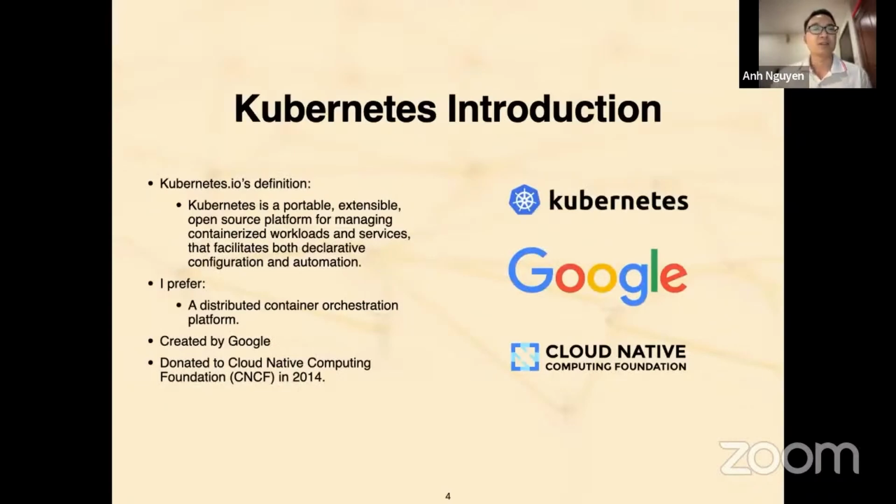For those who don't know, Kubernetes is a portable, extensible, open source platform for managing containerized workloads and services that facilitates both declarative configuration and automation. It was created by Google, then donated to the Cloud Native Computing Foundation, or CNCF, in 2014.